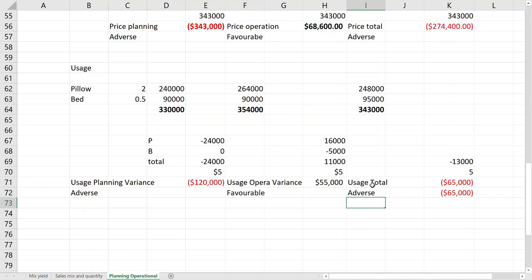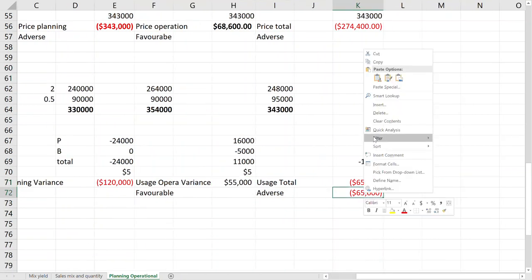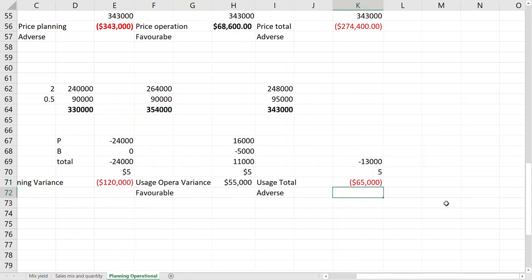Even though we actually save money on using less, the change in plan was more. The cost incurred in change in plan is more than the cost saved on change in actual use. So we have overall 65,000 more used. Okay, let me remove this so it doesn't confuse me.